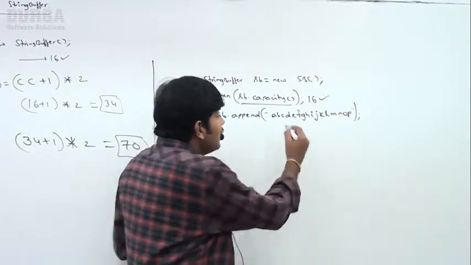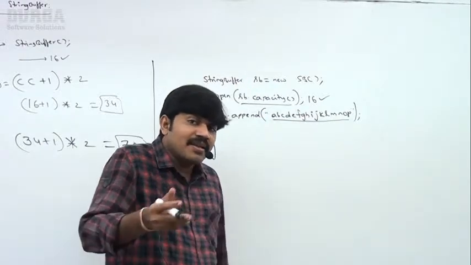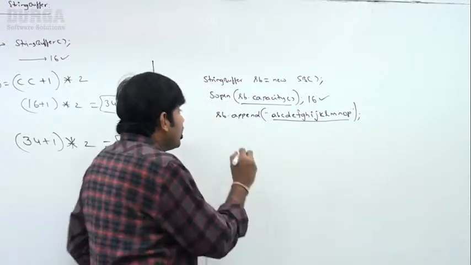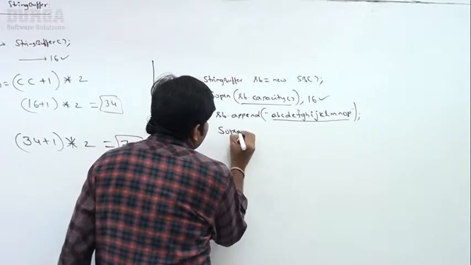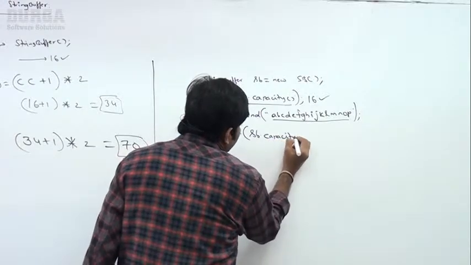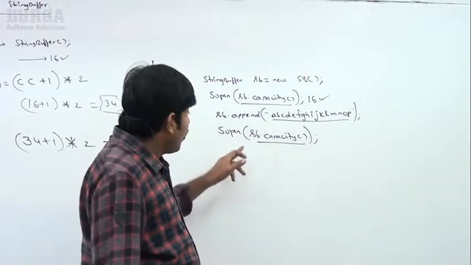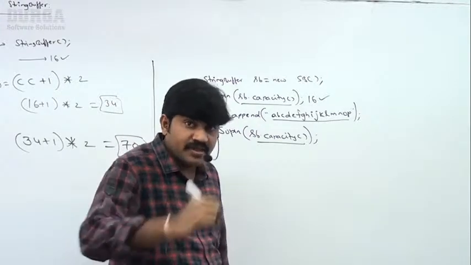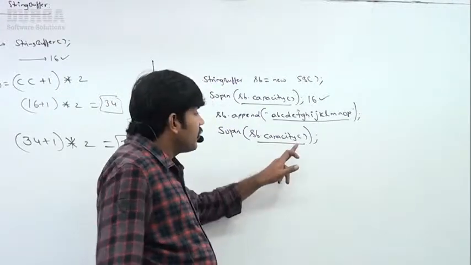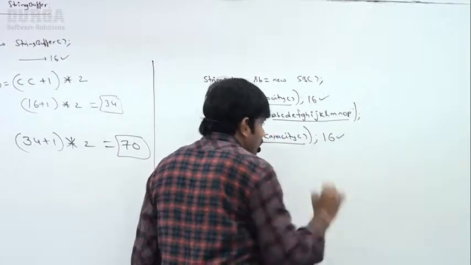So I added 16 characters. After adding 16 characters, what is the capacity? System.out.println(sb.capacity()). The capacity is still 16 only.